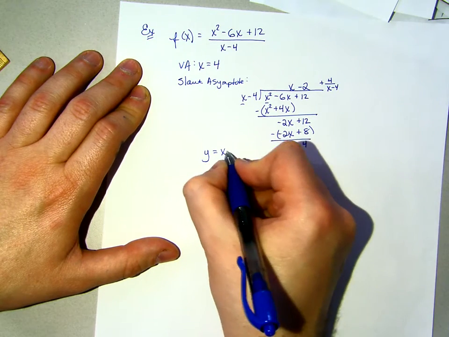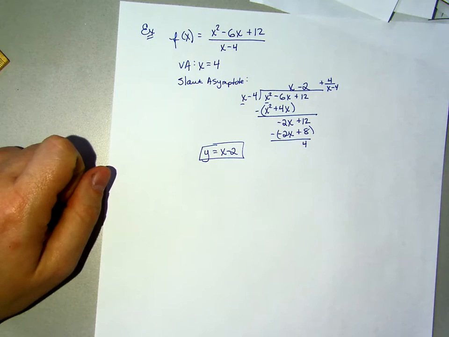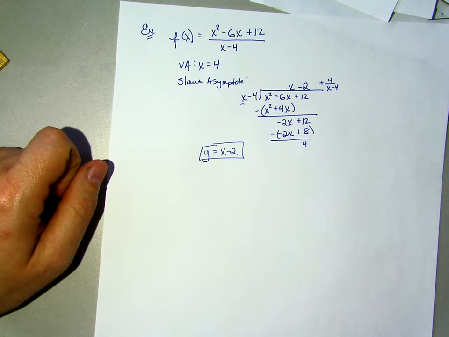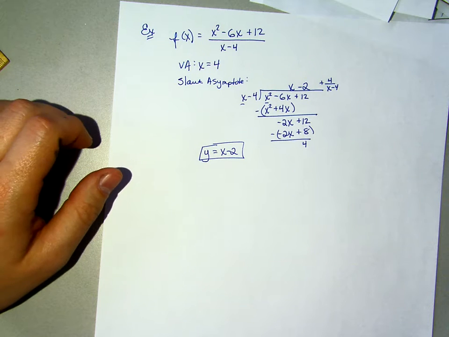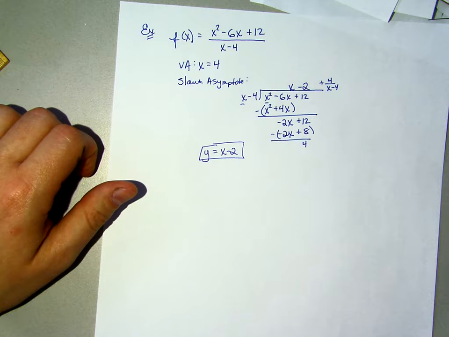I'm thinking y equals x minus 2. Should be that slant asymptote. Justin. Do we have to calculate the domain? Yeah, I guess you can probably just stop once you figure out your constant term. I think I'm okay with that.